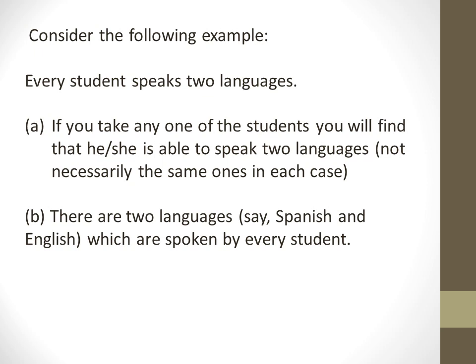But these 2 languages, they are not necessarily the same in each case. The second interpretation is that there are 2 languages, specific languages like Spanish and English, and these 2 languages are spoken by every student. We will get back to scope ambiguity when we start discussing logical semantics.